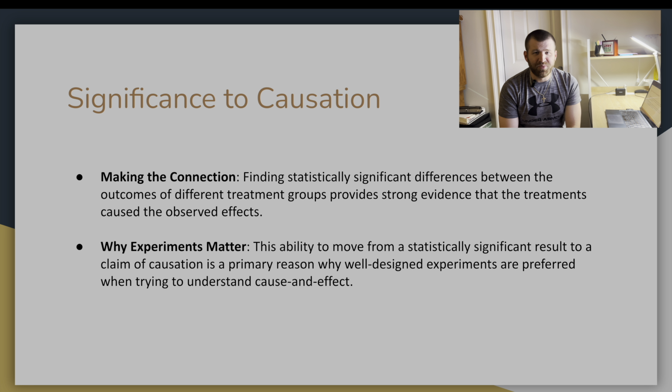The big purpose of experiments is that determination of cause and effect, and why that's so important is the decision-making process that comes along with it. If I'm a company trying to implement something that's going to streamline a procedure, help me reduce costs, or help me increase profit, whatever it may be, I don't want to know that this thing is correlated to a lower profit, because that doesn't equal a one-to-one relationship.